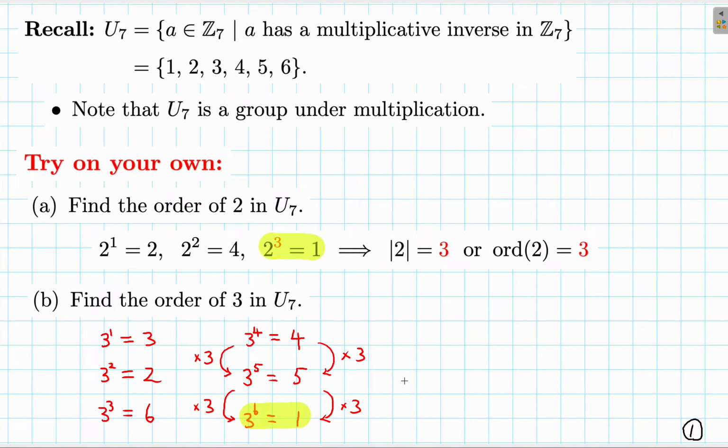And so from there, we can conclude that the order of 3 is equal to 6. That's the exponent we needed to get to the identity element of 1. Or we can write it as the order of 3 is equal to 6. And that's how we do the order calculation.